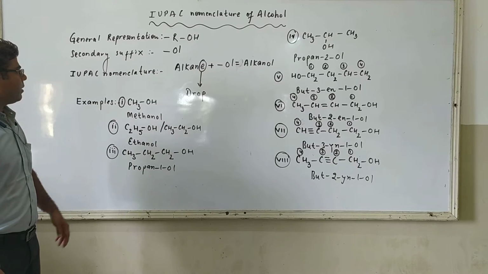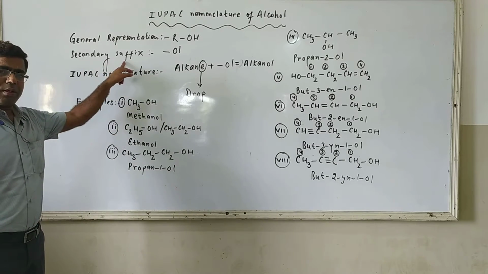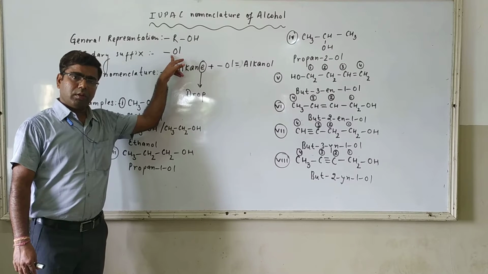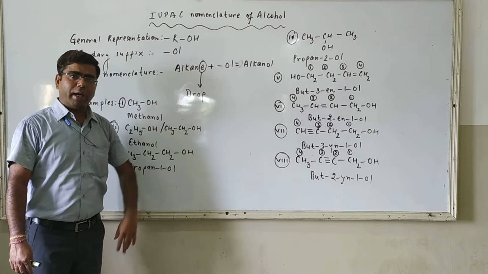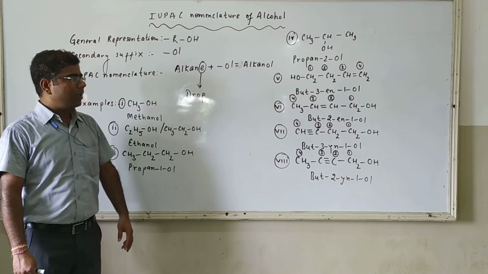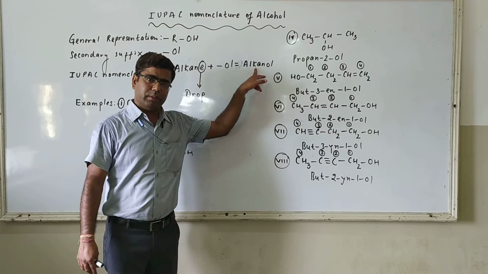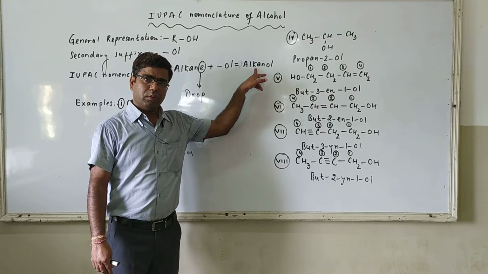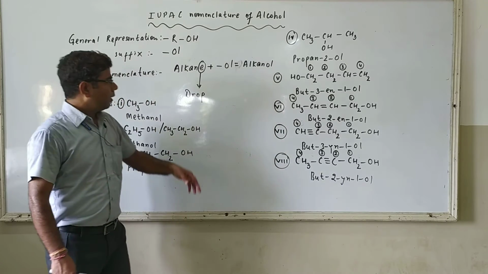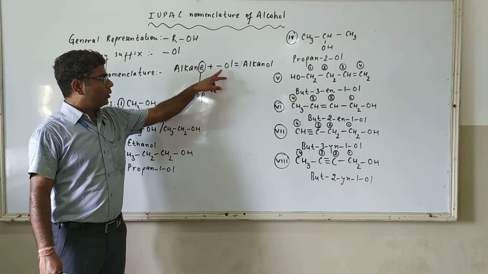Then the next is the secondary suffix used for alcohol, which is "ol". So according to IUPAC, all alcohols are named as alkanol. What do we do? We add "ol" to alkane.